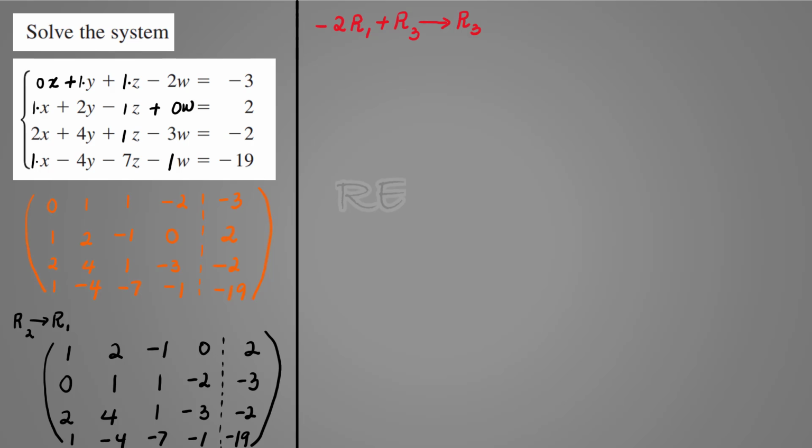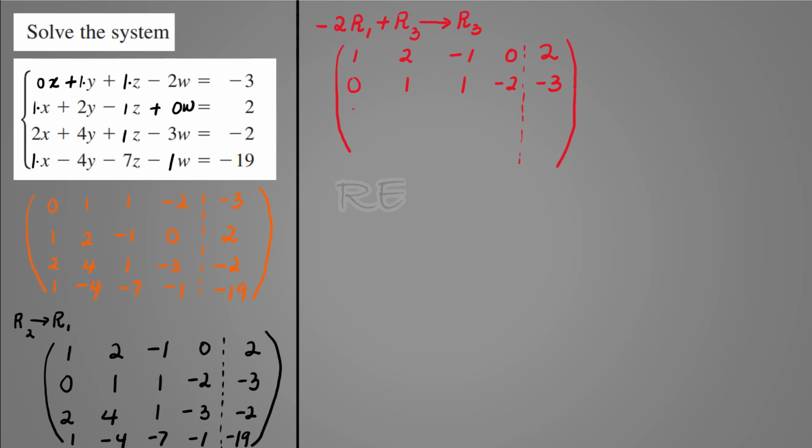Third step, negative 2 R1 plus R3 in R3. We rewrite R1 and R2. And for R3, it's going to be negative 2 times 1, negative 2 plus 2, 0. Negative 2 times 2, negative 4 plus 4, 0.